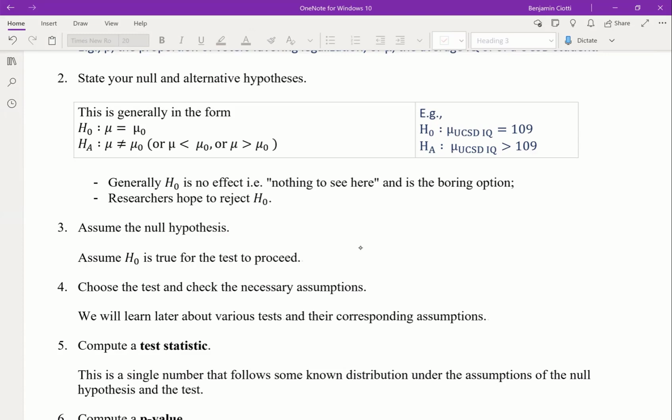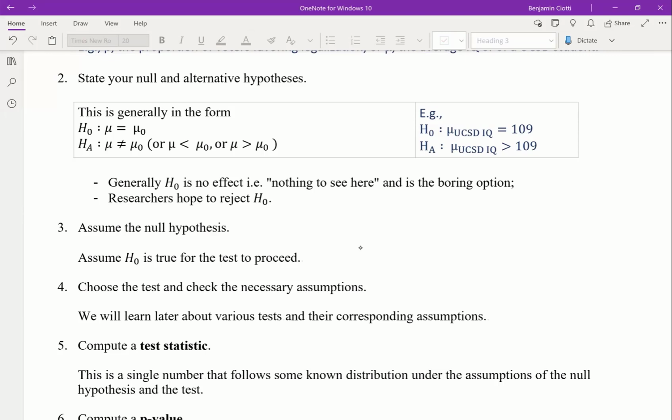So those are the assumptions that we're going to check later. And often in practice, it's not clear as to whether they are satisfied. So this can sometimes be a difficult step to determine conclusively.